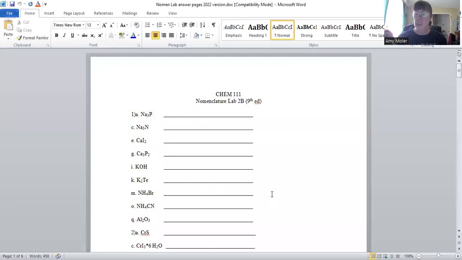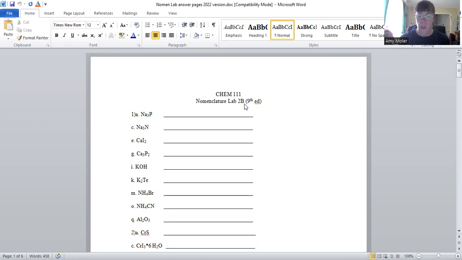So loaded to Canvas is a 6-page document. My advice, unless you are really good at superscripts and subscripts, print this out because I expect it to be printed out for turn-in. It's up to you if you want to print 2 copies and have a scratch copy and a supplementary copy for turn-in.